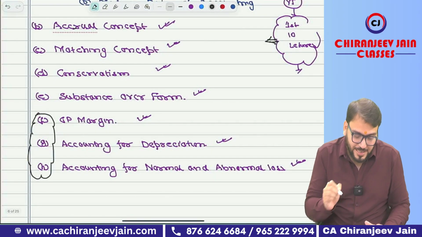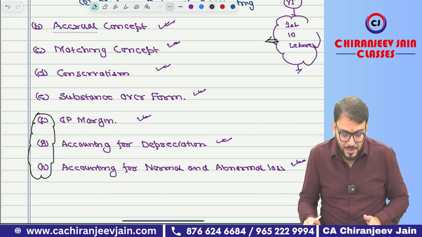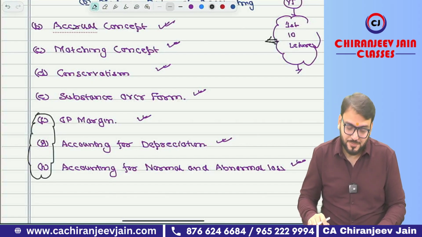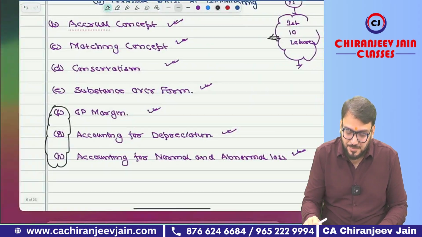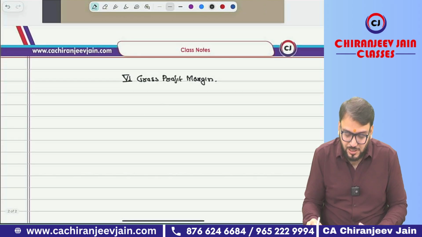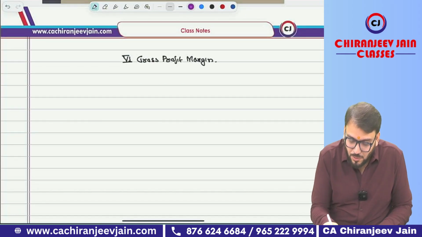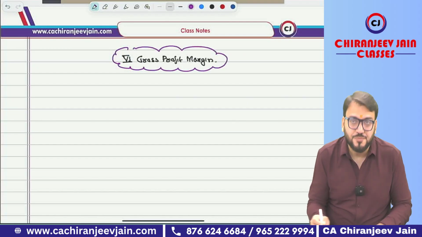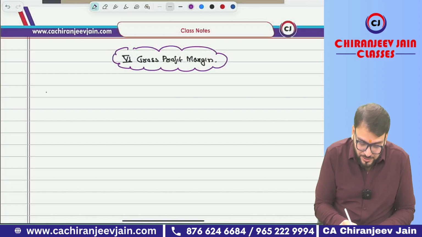Now today we'll take 3 more concepts, and out of that the first is GP margin. GP margin is related to mathematics, which will actually be used in your accounts to solve any problem. So what is GP margin? Just try to understand. You all know gross profit.